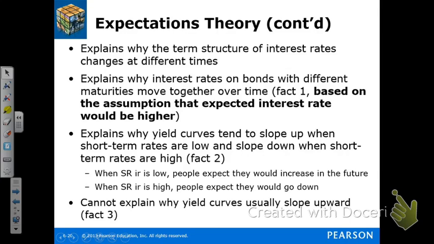Okay, I guess we can, because if the short-term interest rates are low, you look at the data and you make the prediction that in the future short-term interest rates are also going to, I guess, increase. So if the short-term interest rates are low, people expect that in the future they would increase.